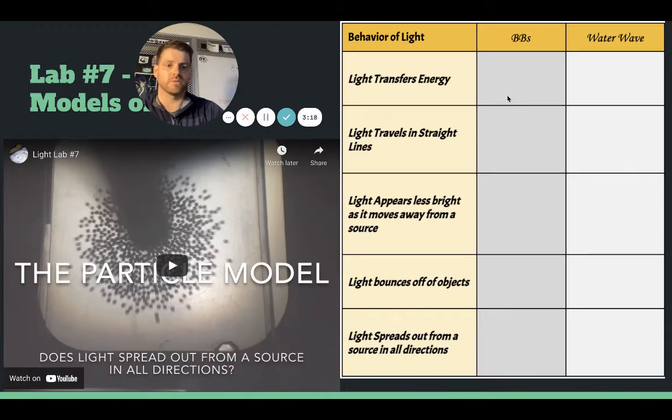What ends up happening is that all of the behaviors of light are identified as happening in the BBs, and all of the behaviors of light are happening over here in the water as well. So both of these models, the particle model and the wave model, are widely accepted by scientists as a way for us to visualize light.